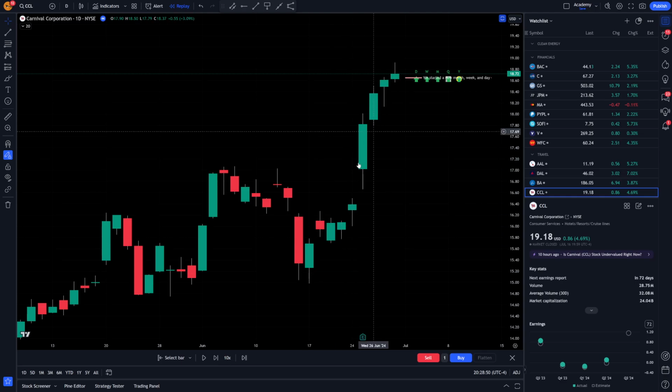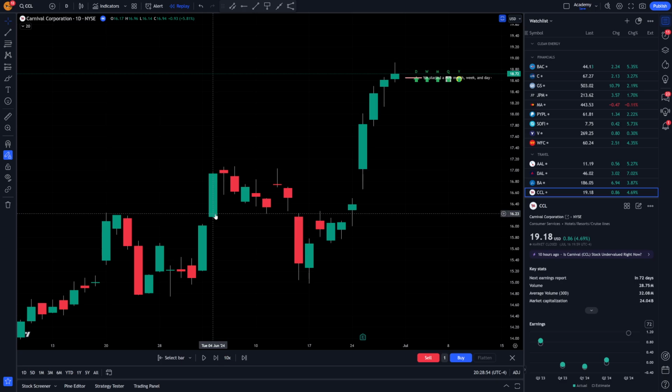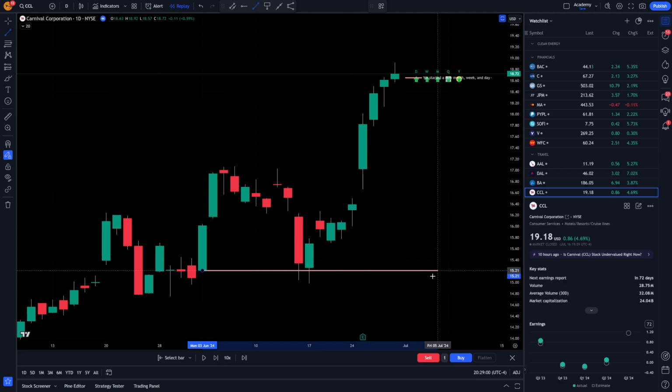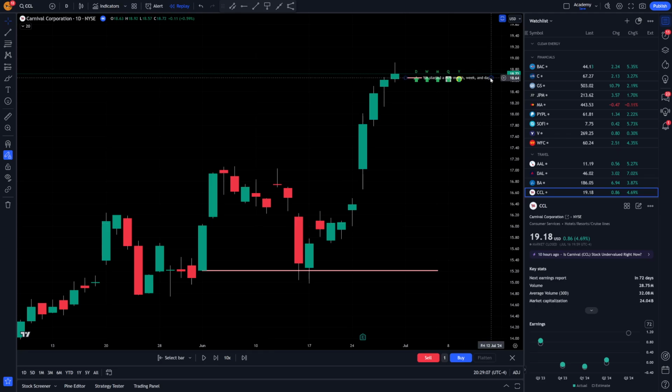And why? Because it was above the monthly open. This is June here, right? This is the start of June back here, and then to the right is the start of July. So throughout June, we started very green.